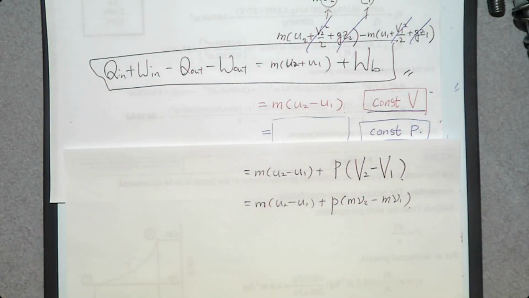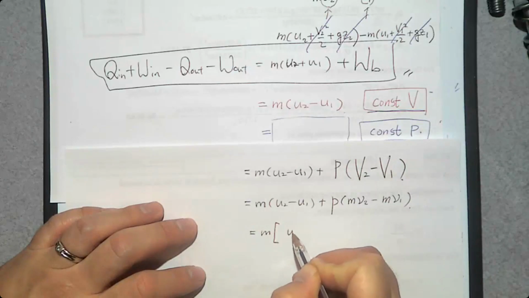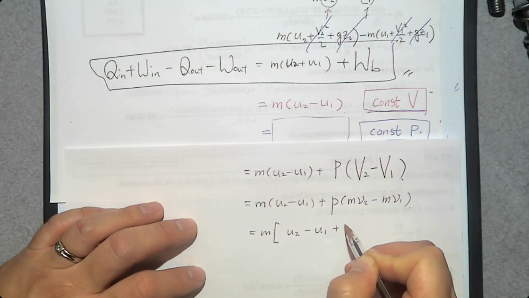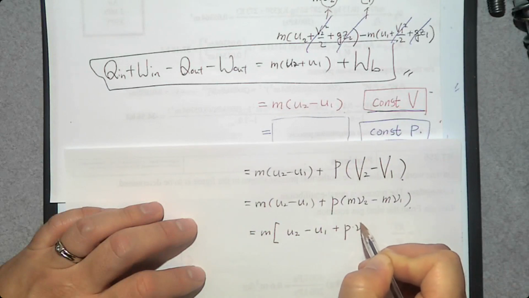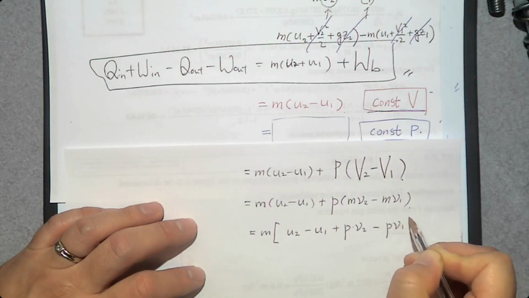Now, what bothers you again? It's pretty long. How can you simplify it? We have something in common: mass. Take the mass out of the equation. Mass times U2 minus U1 plus pressure times specific volume 2 minus pressure times specific volume 1.